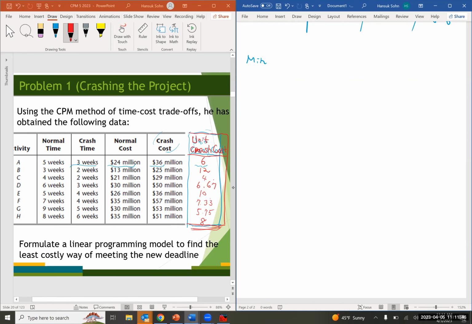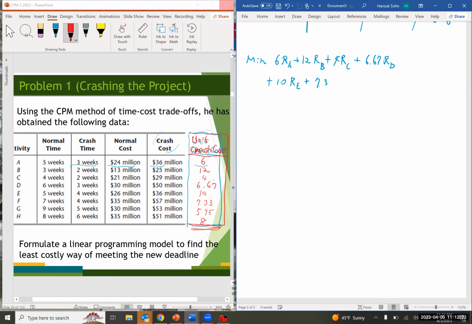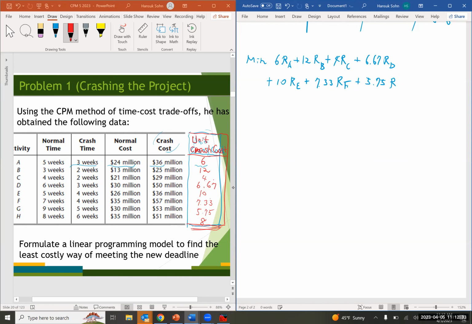So that's gonna be 6 times RA plus 12 times RB, 4 times RC, 6.67 RD, 10 RE, 7.33 RF, 5.75 RG, right?